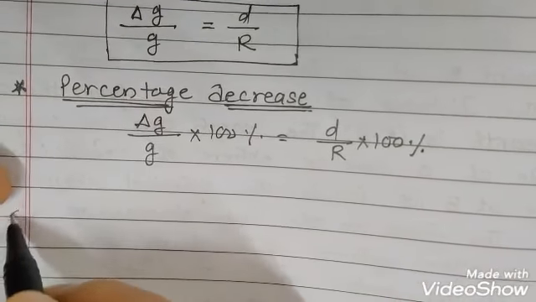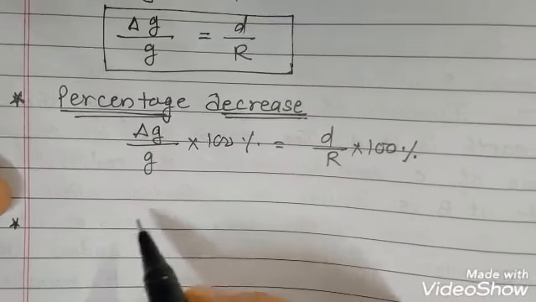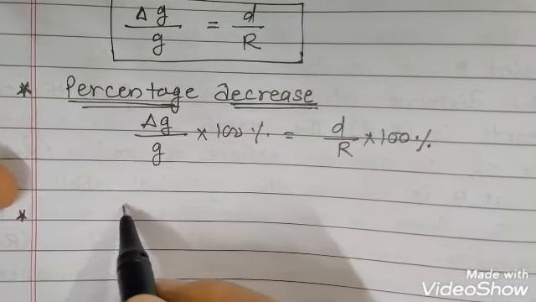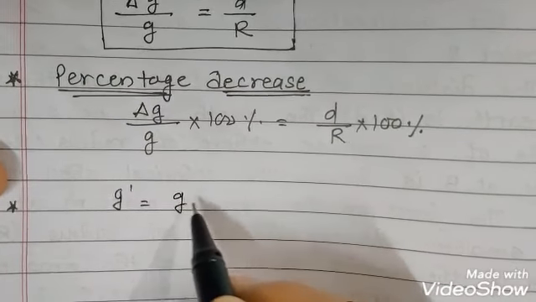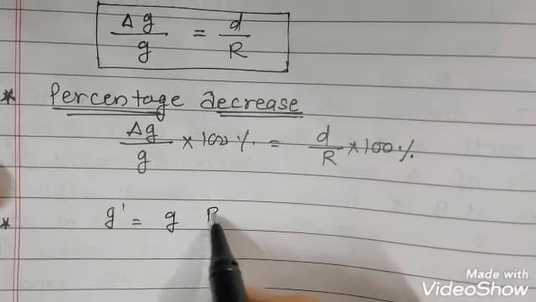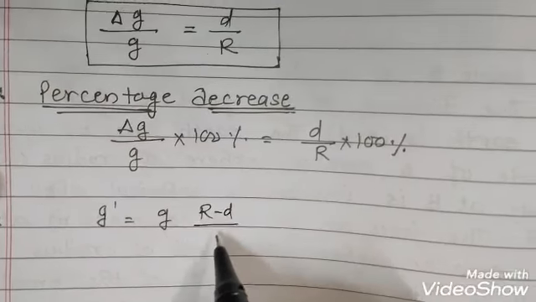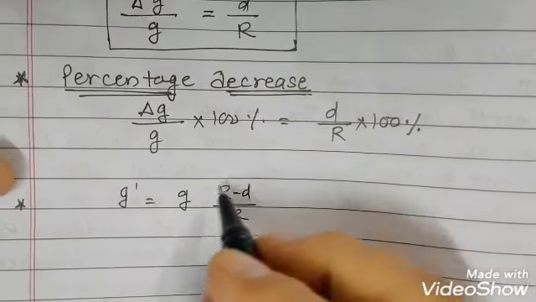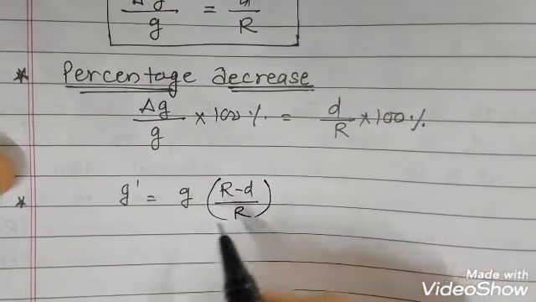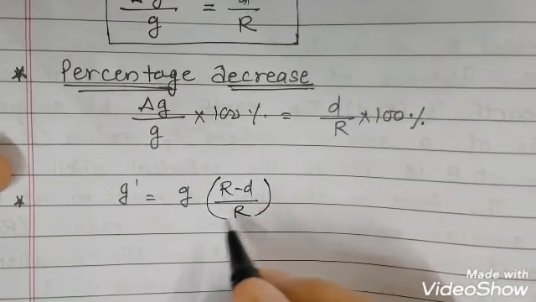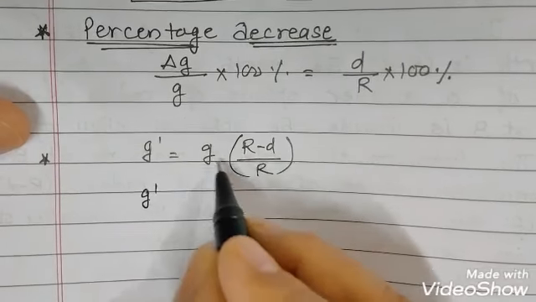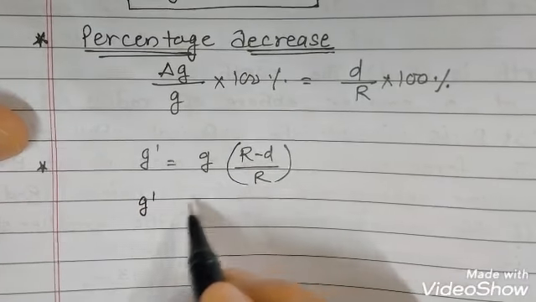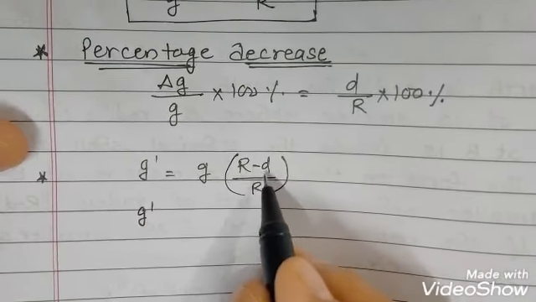Now one more thing that we can observe here: g dash is equal to g into r minus d upon r. This formula came. So g dash is directly proportional to r minus d.